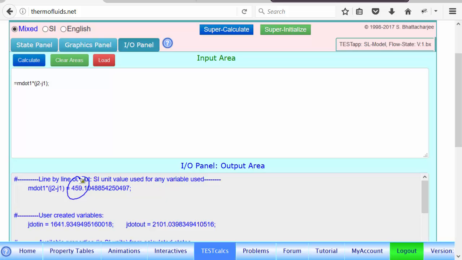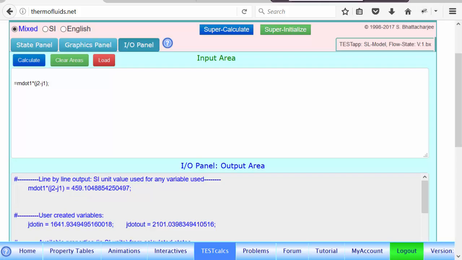So that many kilowatt would be the answer. In other words, that's the increase in the flow energy of the flow. And why do you think the flow energy is increasing? Of course, the shaft is pouring energy into the system. So this must be equal to the shaft work. But for that, we have to learn how to analyze the energy equation, which we'll do later.